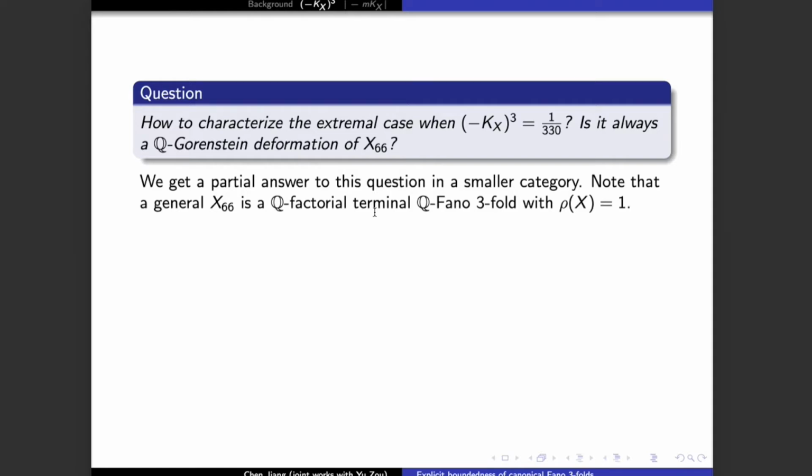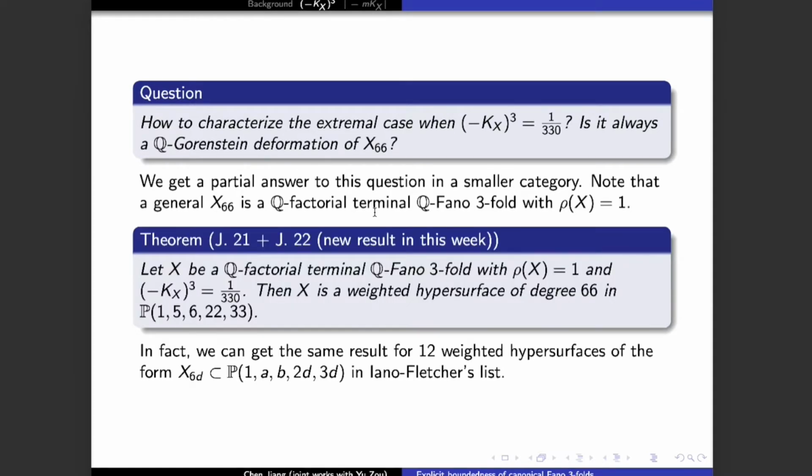So my result says that if X is a Q-factorial terminal Q-Fano threefold with Picard number 1, and if its volume attains the minimal one, then X is always a hypersurface of degree 66 in this projective space. So that means if it has minimal volume, then it should just be such a weighted hypersurface.